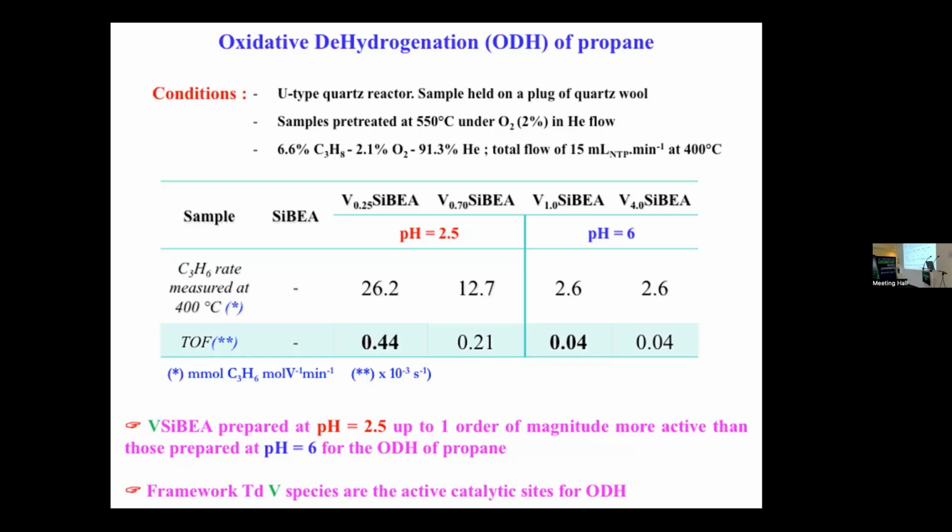Because the rate of propane formation is 10 times higher than in this condition, that means that the tetrahedral vanadium species present in this catalyst are responsible for the oxidative dehydrogenation of propane to propylene. This is the active site of this reaction.